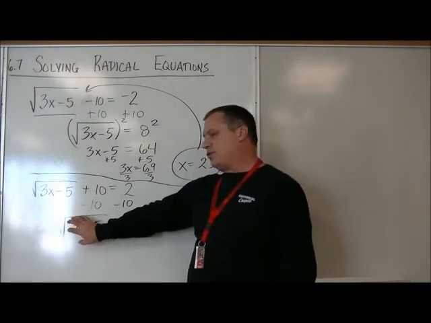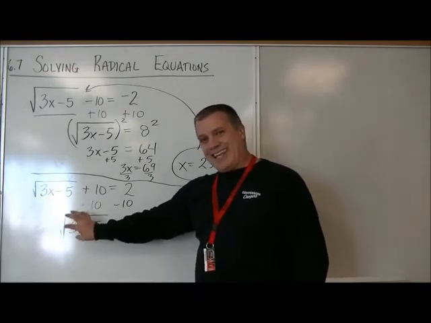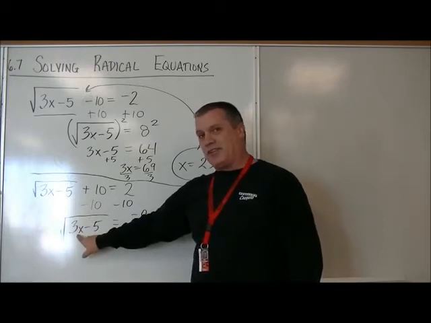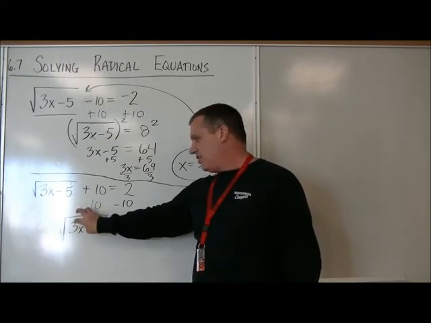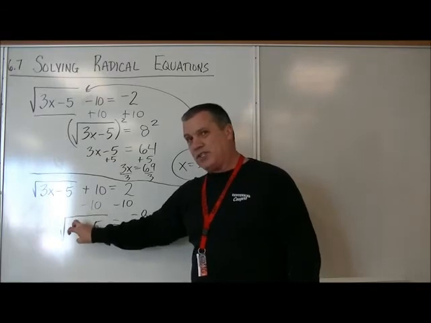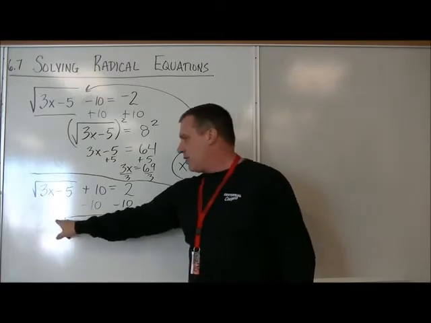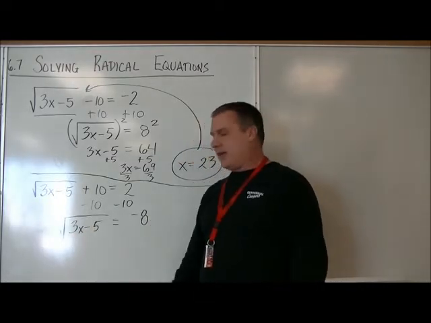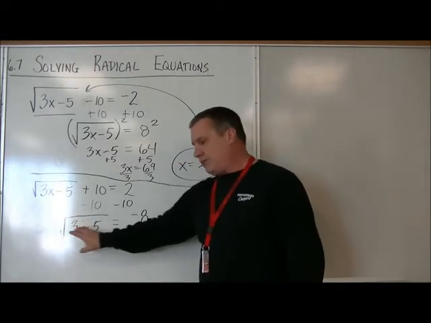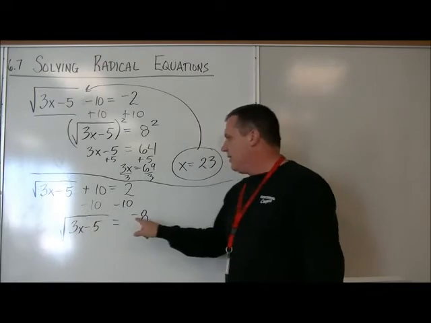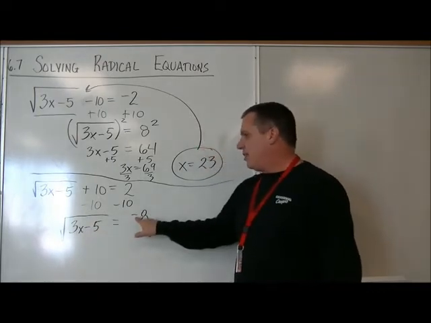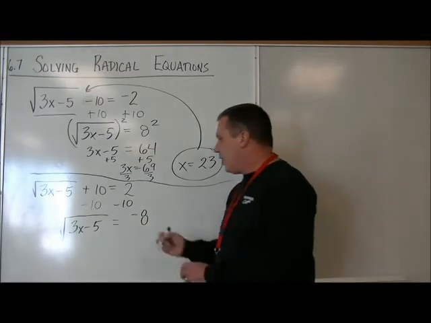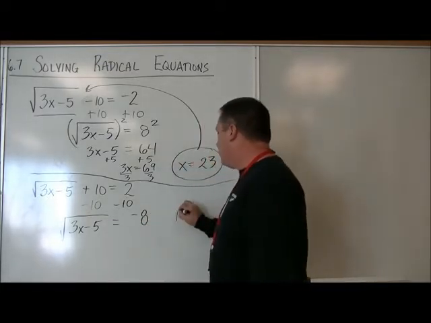If I take the square root of anything on this side, I don't care what I plug in for x, positive or negative as an answer, when you take the square root of that thing, we're only looking for the positive root. I don't have a plus or minus out here, or I don't have a minus in front of the radical sign. If I'm only looking for the positive root, there's no way that I can find a value of x that is going to get a negative number here when I take the square root of it. So I can stop right there and say that there's no solution.